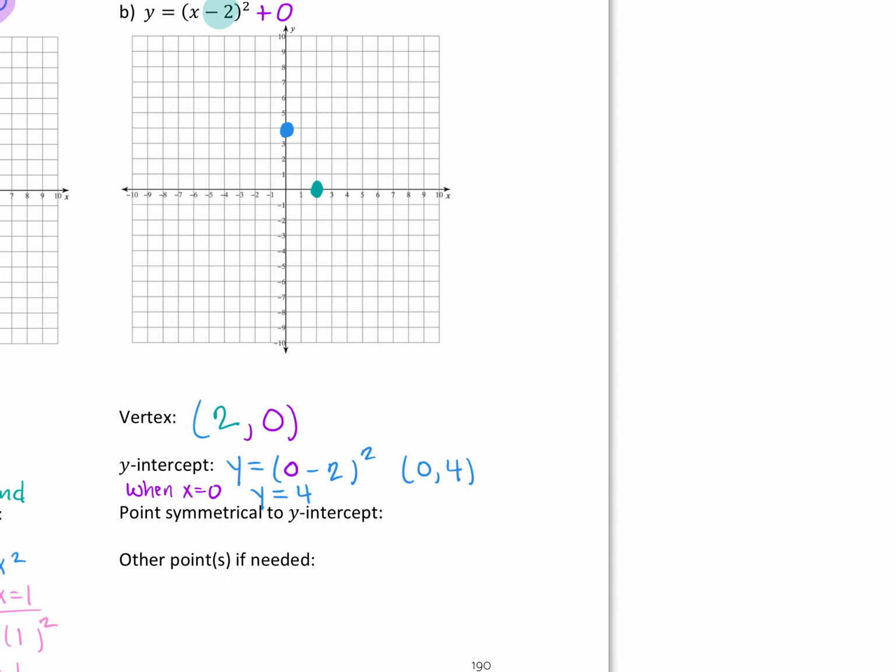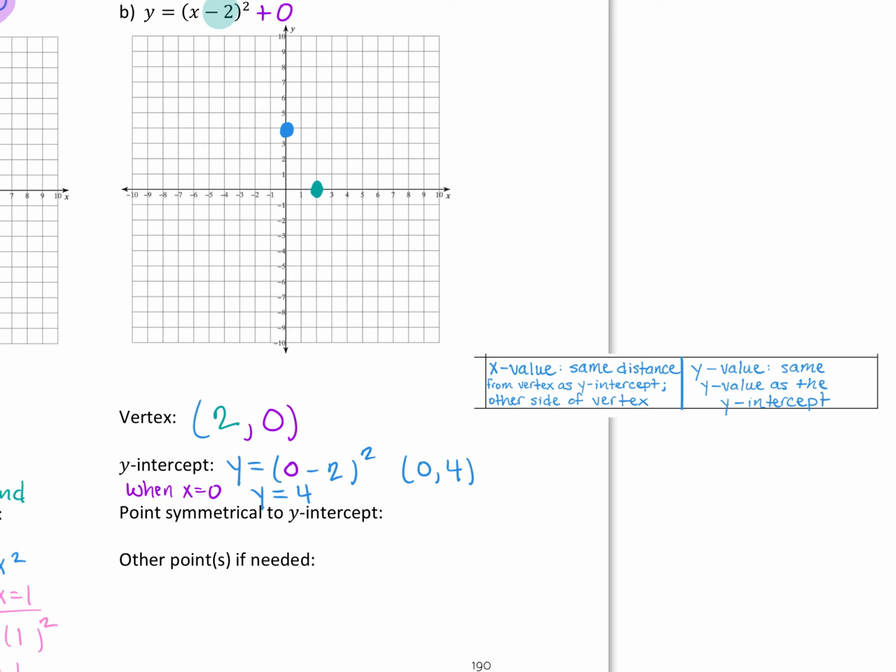And now we want to do the point symmetrical to the y-intercept. Remember, on the first page, we talked about how to find the point symmetrical to the y-intercept. So the x value is the same distance from the vertex as the y-intercept. It's just on the other side of the vertex.